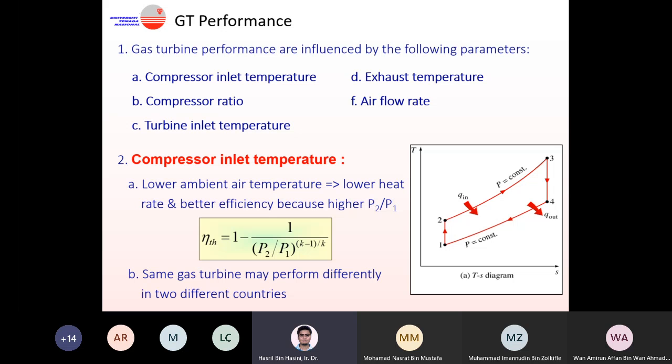Right. If we compare cold countries, let's say the ambient condition is around 10 degrees Celsius, and then we compare to Malaysia, the ambient is around 30, 35. Let's say 35 degrees Celsius during the hot weather. Okay. When you talk about ambient temperature, we are talking about the density of air.